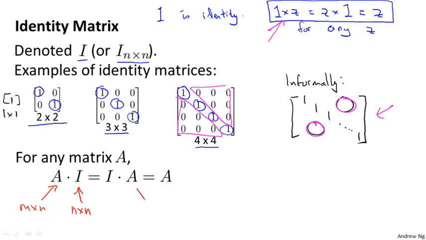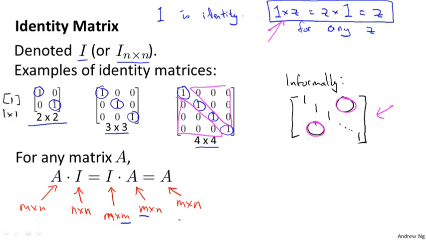And if we multiply on the other side, for matrix multiplication to make sense, the identity has to be an m by m matrix, because this m has to match up with that m. In either case, the outcome of this process is you get back the matrix A, which is m by n.